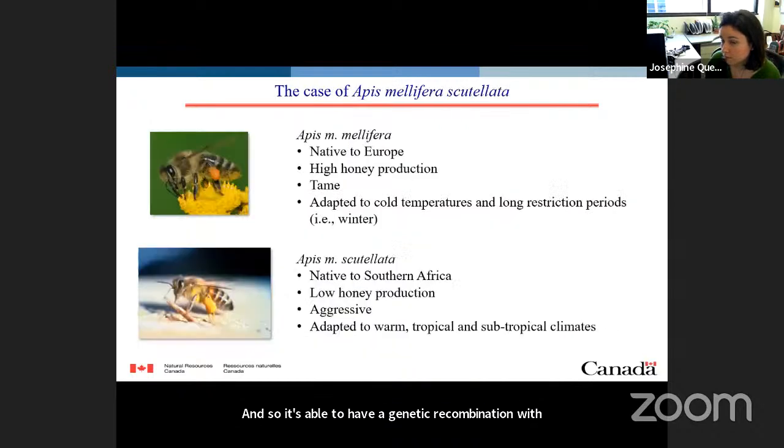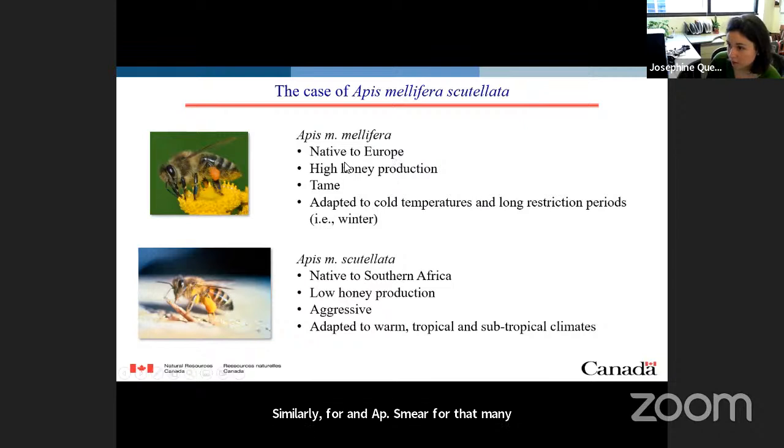Now, there is another way that sexual reproduction can allow adaptation, and that's through hybridization between populations or species. And so here we're going to have a look at Apis mellifera and Apis mellifera scutellata.